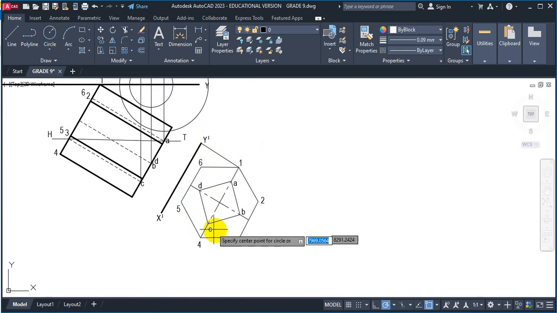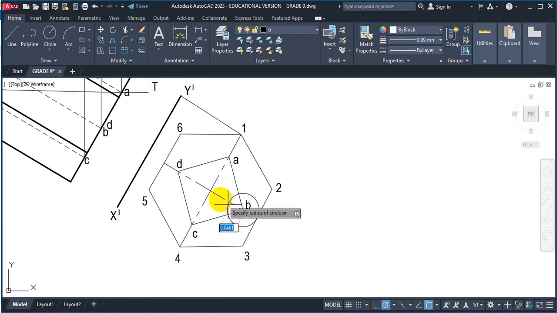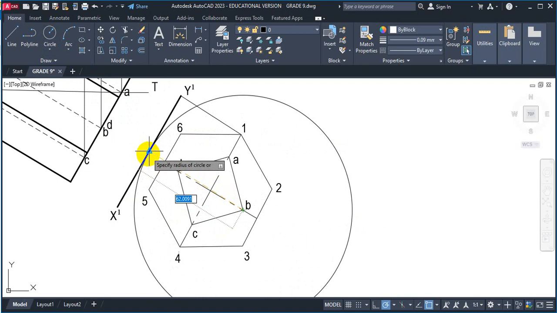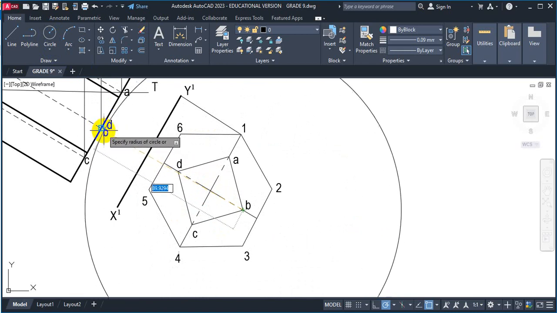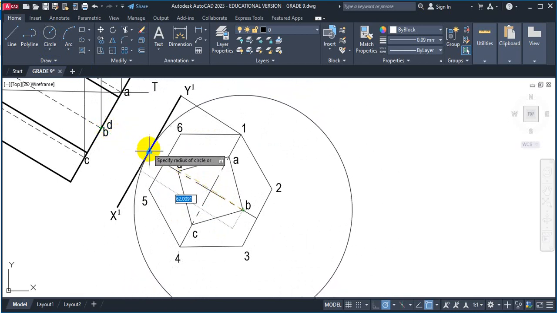So now you're going to take from B to XY line. Take that distance of B to XY line.